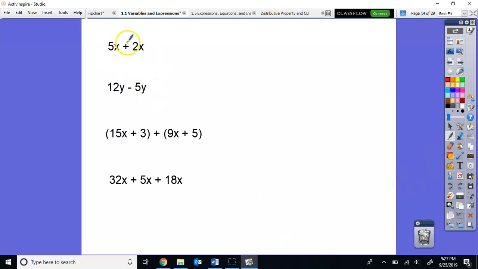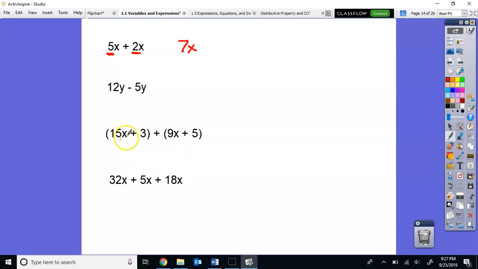We did things like this. 5x plus 2x is 7x. Remember, 5 plus 2 would be 7. You just leave the x alone because it's just like terms. You can still use your calculator if you need to. I hope you don't need it a lot for things like 5 plus 2, but you can if you need to.